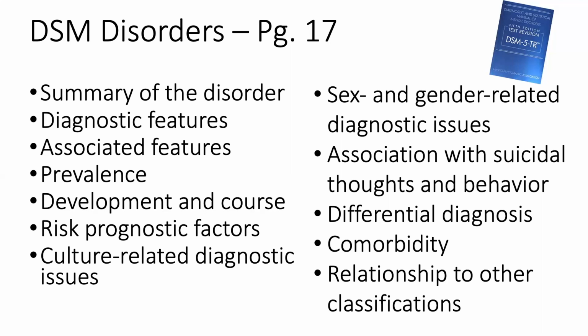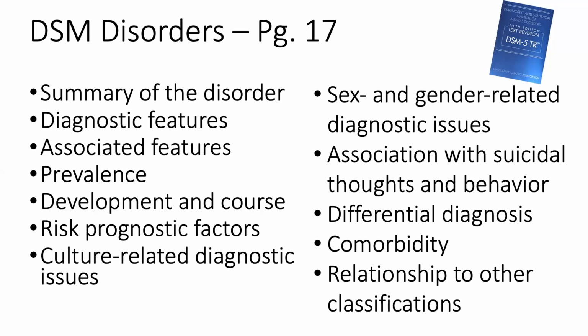And as you flip through a couple of the different criteria for disorders, you'll start to see some similarities or overlap. And with each section, there's a differential diagnosis section, which really helps us to differentiate two disorders that sometimes may look very similar with their symptom presentation.